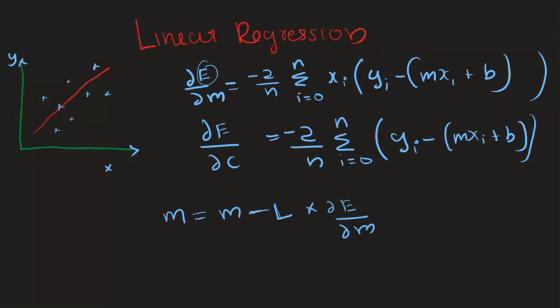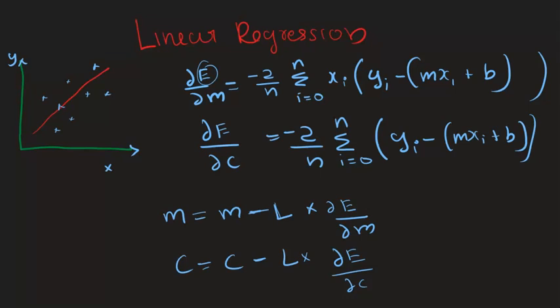Similarly, we'll find c by c minus L into dou E by dou c. We'll try to find the best fit line that minimizes this error. So how are we going to do that?